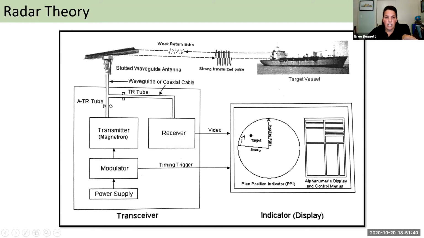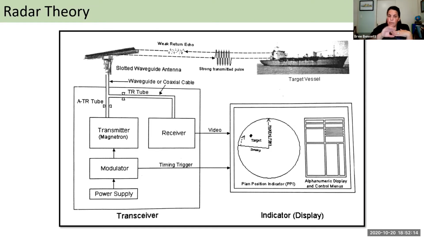And these little tubes, these TR tubes, I kind of think of it as like a valve, like maybe a one-way valve in your ballast tanks or something, that it's letting the electronic pulse out, and then it closes, and the receiver one opens so that it has that pause and is able to receive the echoes that come back.